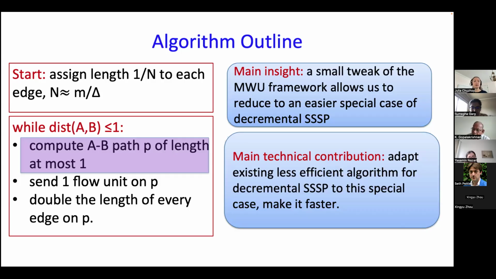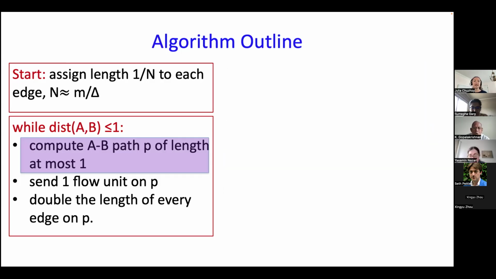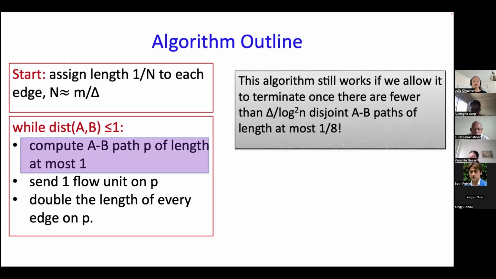And I can tell you right away how we modify this multiplicative weight update algorithm. Currently, this algorithm says it's allowed to terminate once the length of every A to B path becomes at least 1. What we observe is that it's actually okay to terminate the algorithm earlier.